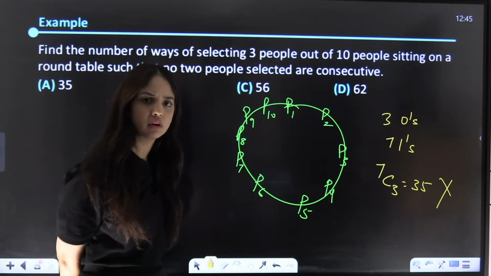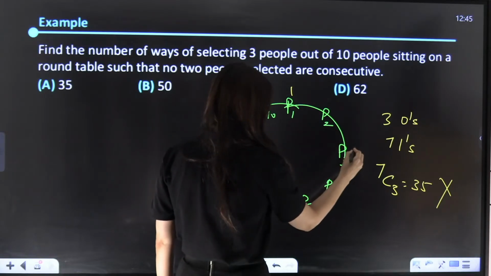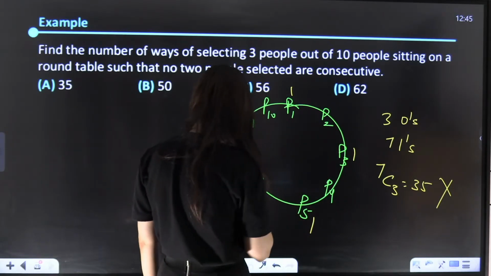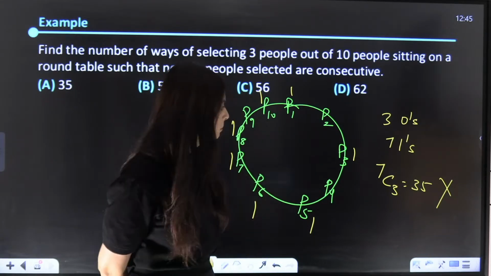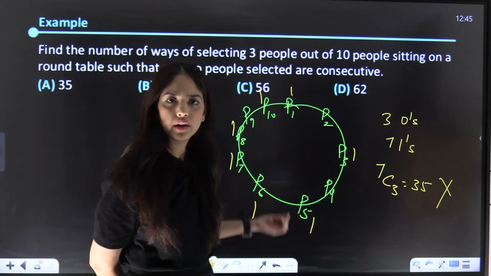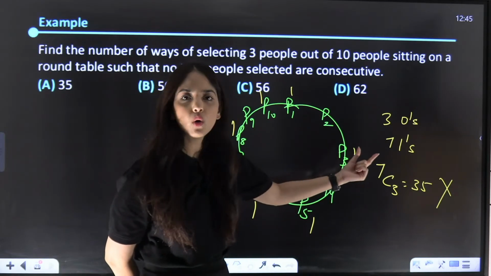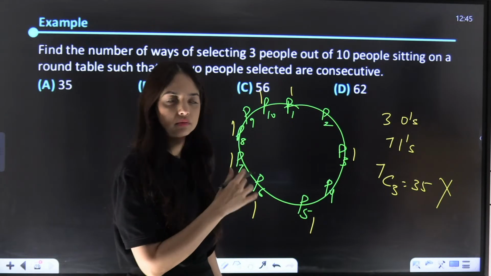Why is this wrong? If we placed 1, 1, 1, 1, 1. We arranged in a certain order. Now there was only one order for the 7 ones, right? Now you're inserting zeros here.